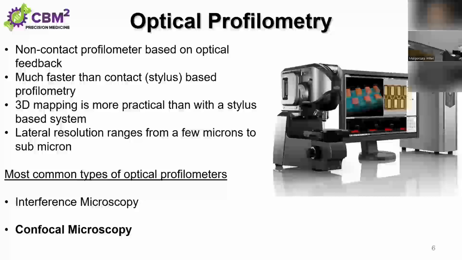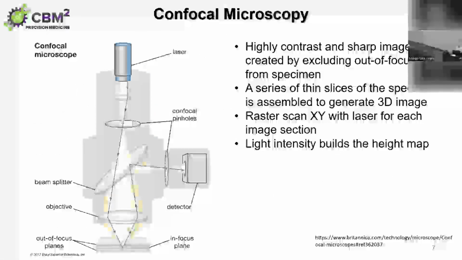Optical is different. I'm not going to talk about interference microscopy, just confocal microscopy. Everyone has sat in front of a microscope before. And what does a microscope do? It takes light and focuses it down to a very small spot using a microscope objective, and then rasters that spot across a sample.